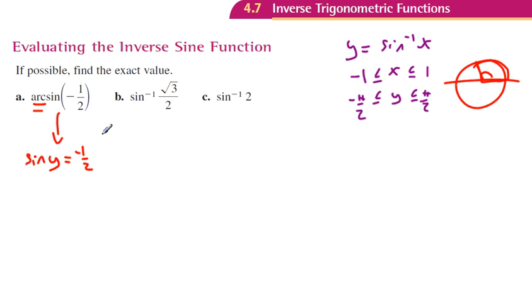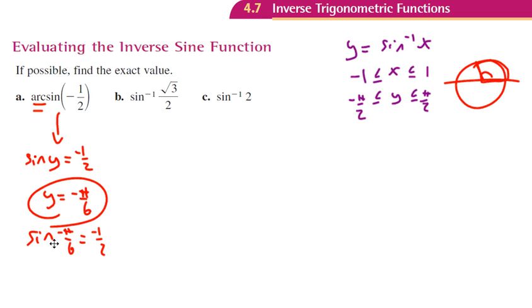Well, since you all know our unit circle, wouldn't you say that y would be equal to -π/6? If you look at a unit circle, sine of -π/6 is -1/2. And there we go.